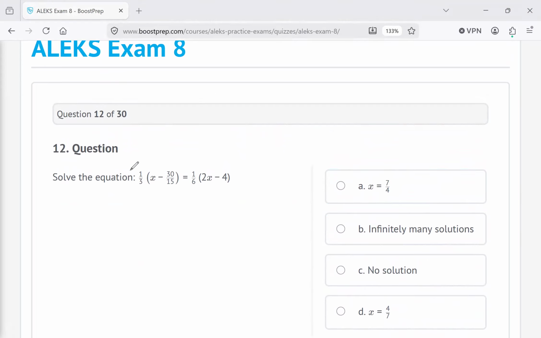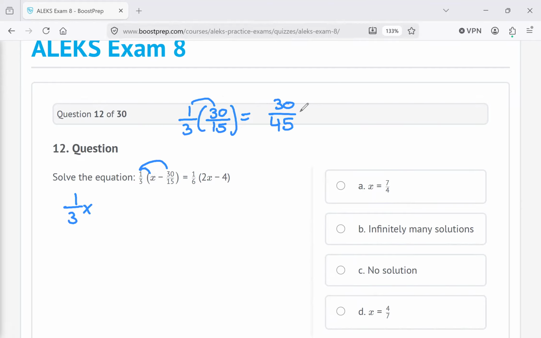It's question 12. What I'm going to do is solve. So what should I do? I think I should FOIL it out. So 1/3 times x is 1/3 x. Then 1/3 times negative 30 is 30 over 9.